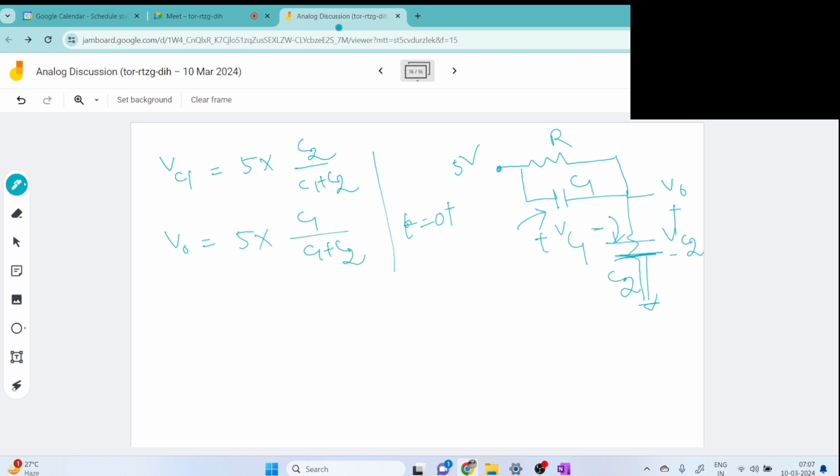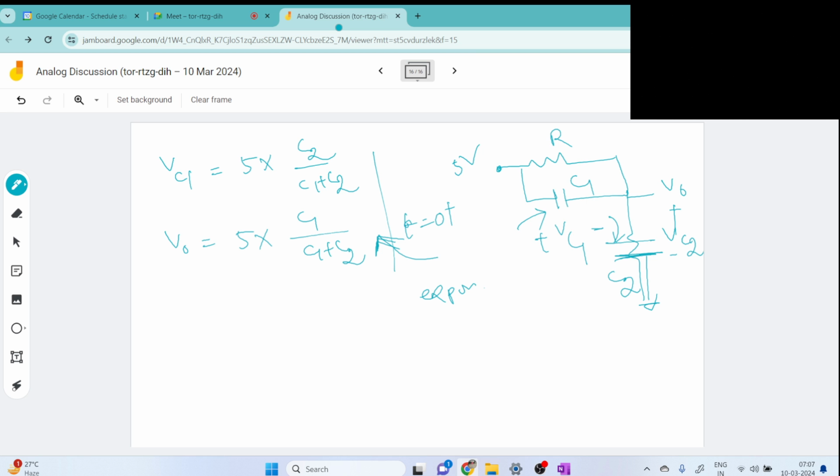Can we comment on that? The charging will be exponential, because the currents become finite after t equals 0 plus. So at t equals 0 plus, the charging is instantaneous, and then the charging will be exponential.